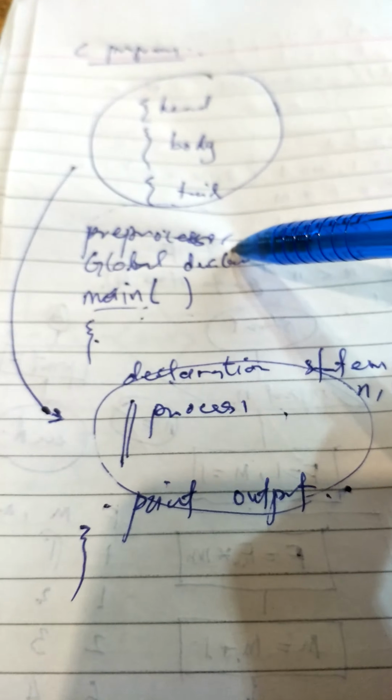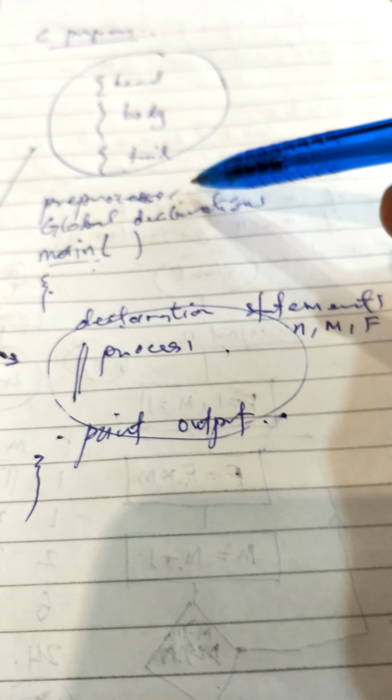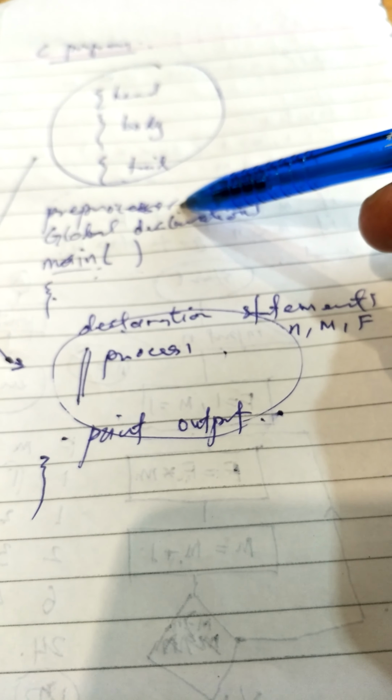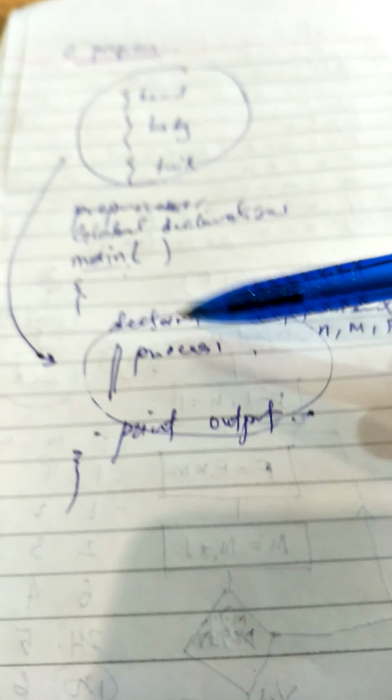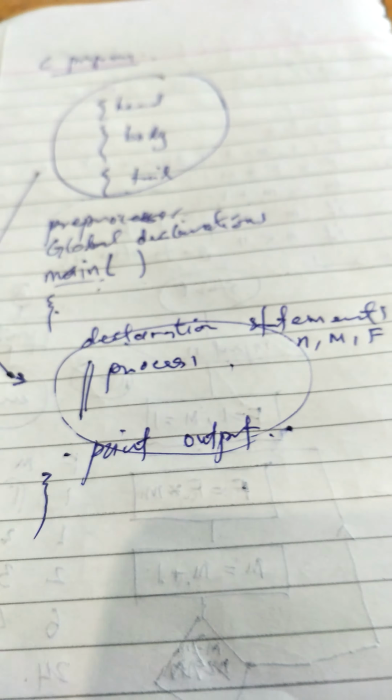And also the preprocessor statement. The preprocessor statement is needed, for example, if you want to read the data. To read the data in C we use scanf.